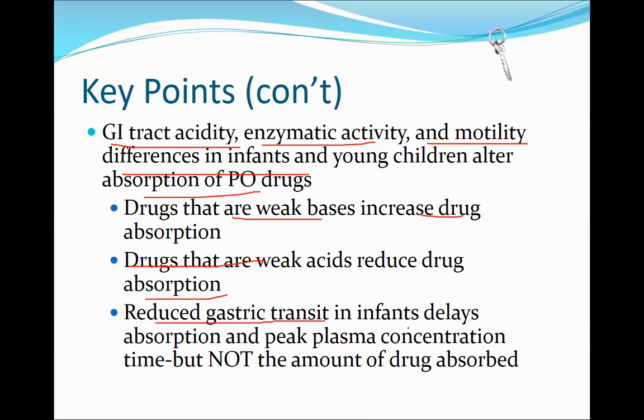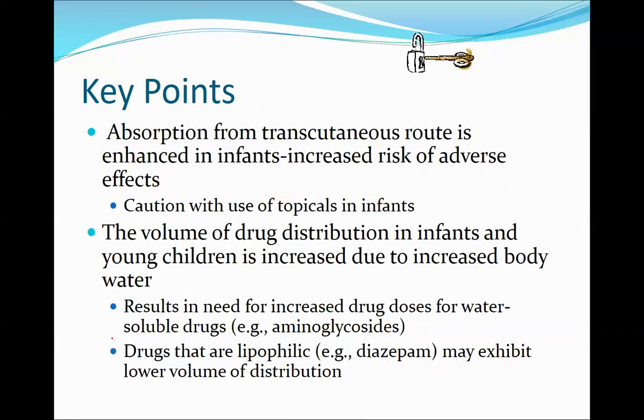There is a reduced transit in the GIT, and this delays absorption and peak plasma concentration time, but not the amount of drug absorbed. Because of the reduced transit, the absorption is delayed, the amount is not less, but the peak plasma concentration is delayed.